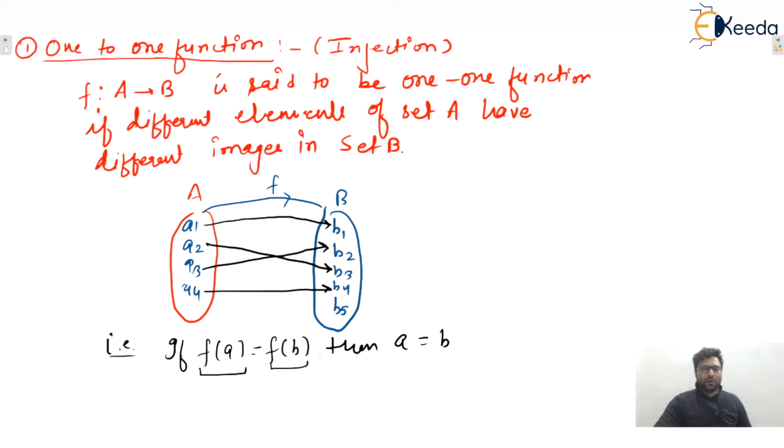That is the meaning of one-to-one function. That means no two or more elements have the same image in set B. If we assume f of A equals f of B, that means for A and B the image is the same, then those elements are also the same. I hope this one is clear to everyone.